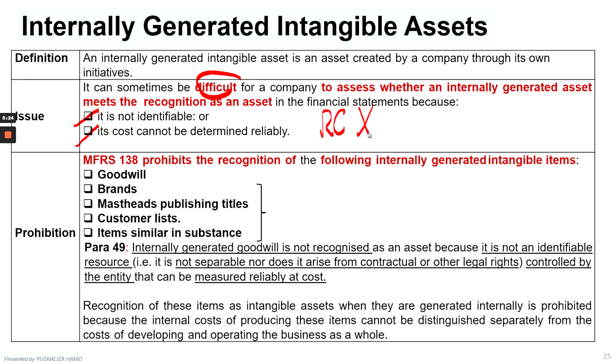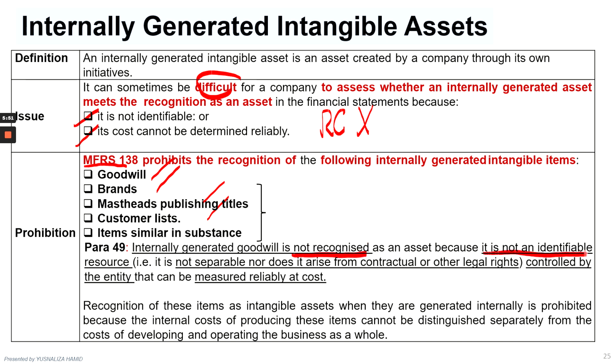If that is the case, Mfrs 138 prohibits the recognition of the following internally generated intangible items: goodwill, internally generated brands, mastheads, publishing titles, and other items that are similar in substance. So these will not be recognized.